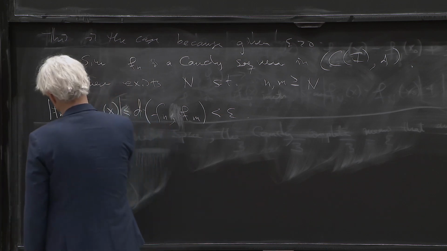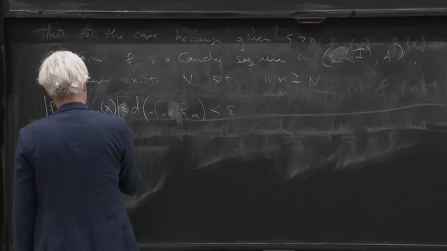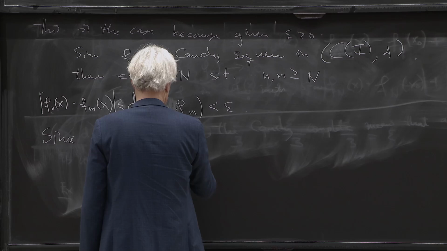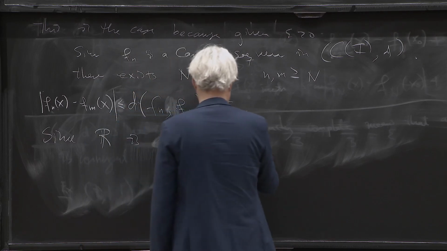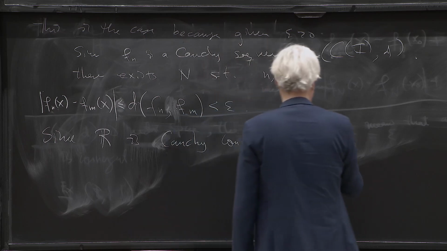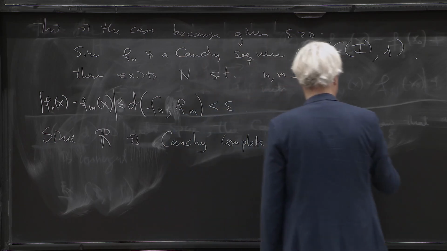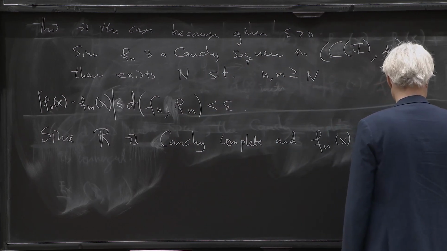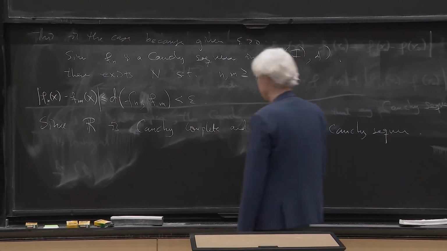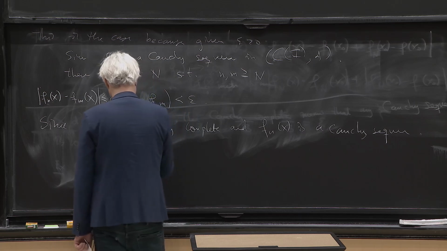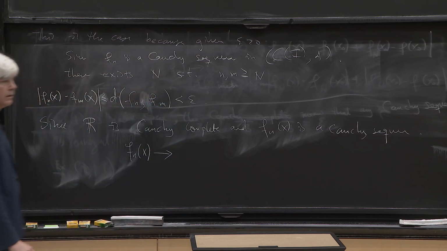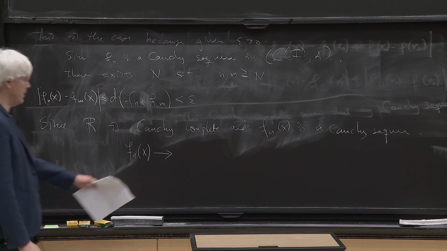So now we use that R is Cauchy complete, and fn of x is a Cauchy sequence, so it means that the sequence fn of x is converging to some number.